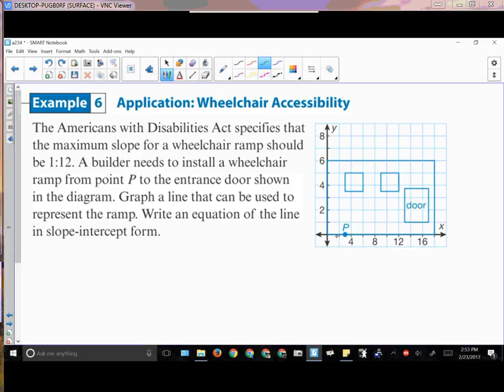So if I was starting with a line that would be here and put it over to 12, would that work? Would that be a rise of 1, according to over here, and a run of 12? Now, we would simply need to move it over here so that it's going from there.